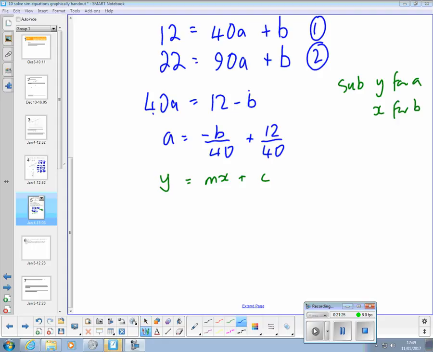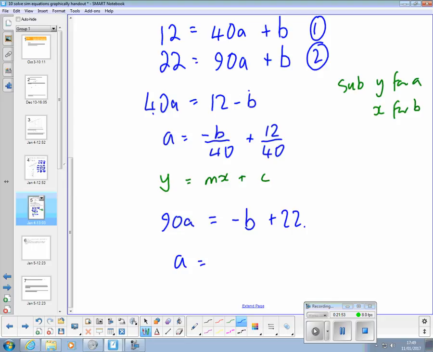The second one, we got 22, so again I'm going to subtract b. So 90a is minus b plus 22, and then divide through by 90.